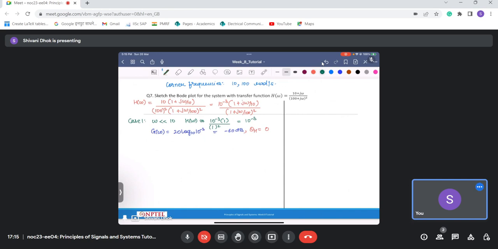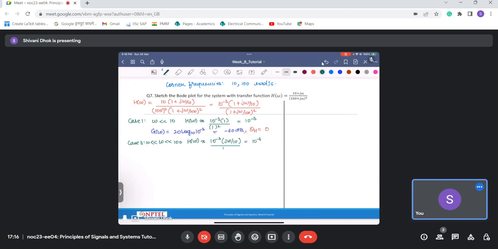The next case, that is case 2, is when ω is much greater than 10 and is much smaller than the second corner frequency, that is 100. So here H(ω) is approximately equal to 10⁻³ into (jω/10) whole divided by 1.